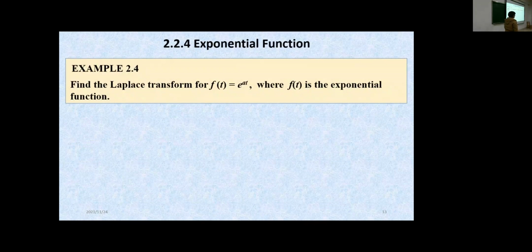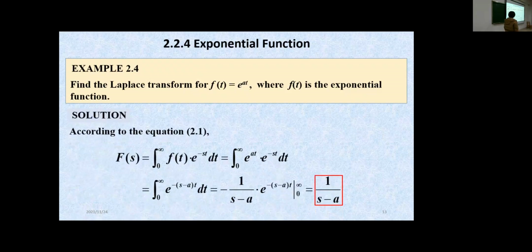Really good. Okay. It's the easiest one as well. You just write e^(at) here, then we get the index at minus st. Then one over s minus a. We can write this together. Then the index changes into what?